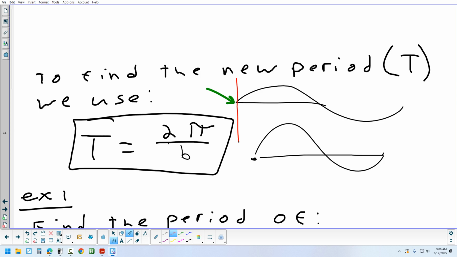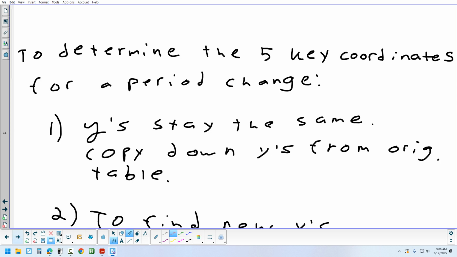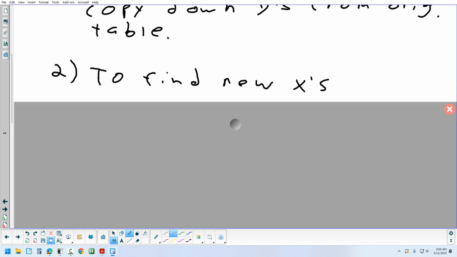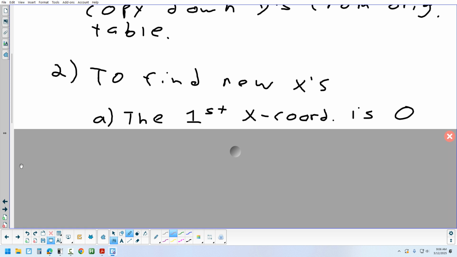No matter how you stretch or compress the graph, the first point is always going to stay at 0. If you take 0 and double it, it's still 0. If you take 0 and take half of it by compressing it, it's still 0. That doesn't change. Okay, so that's going to give us this point.